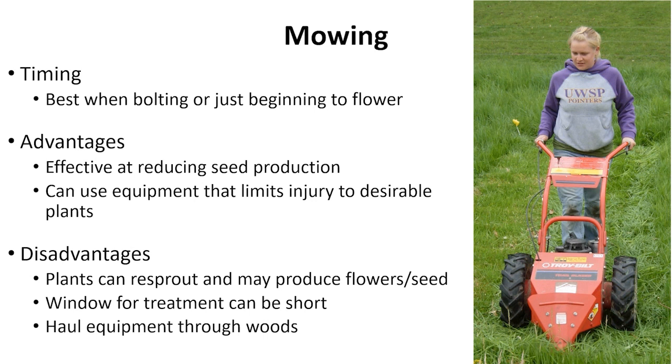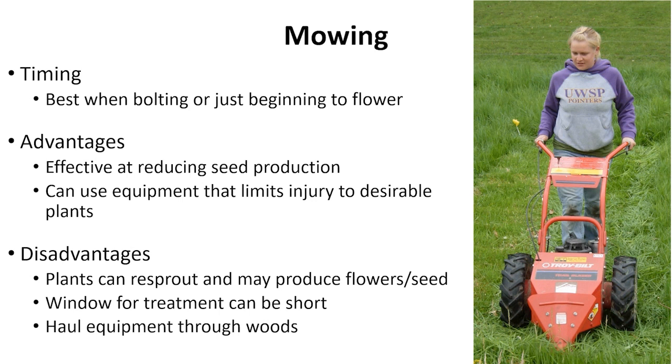I think some of the disadvantages are that we have heard some reports that plants can resprout after mowing, particularly if you're mowing when plants are bolting, and they may still be able to resprout and produce some flowers and potentially some seed. We're not sure how viable that seed is, and it's almost certainly going to be a much lower number than if we did nothing, but there is some potential for viable seed production.